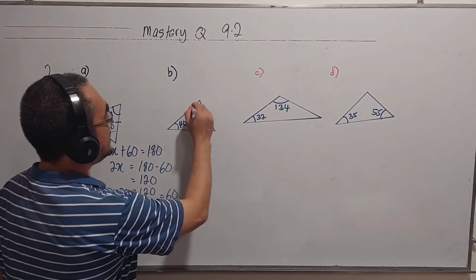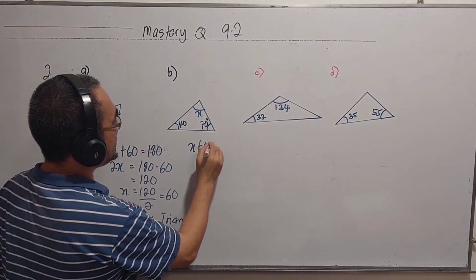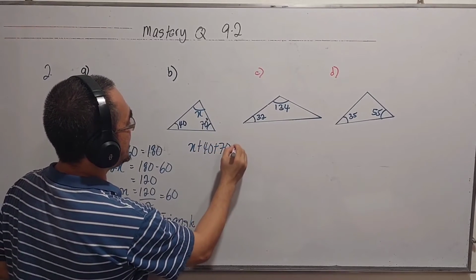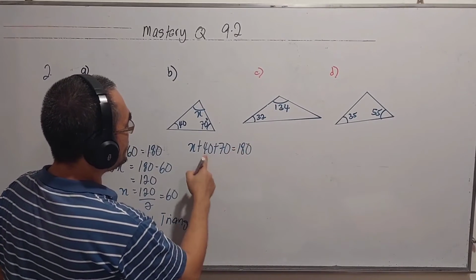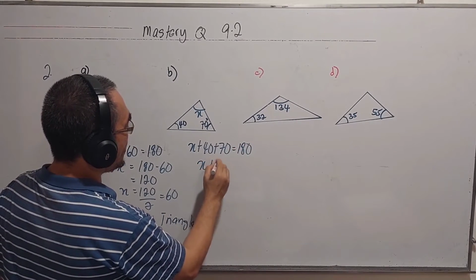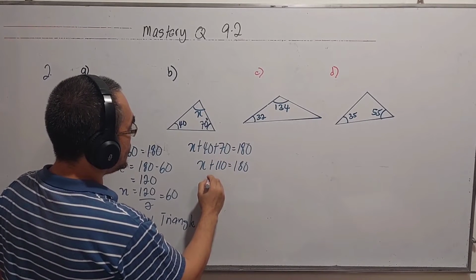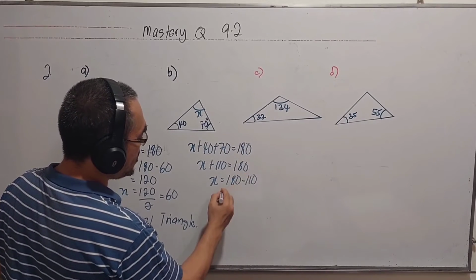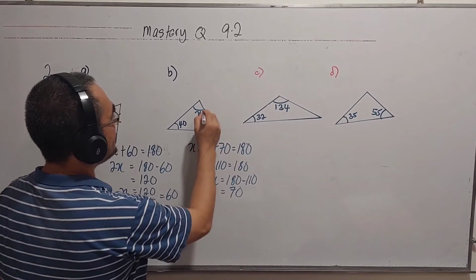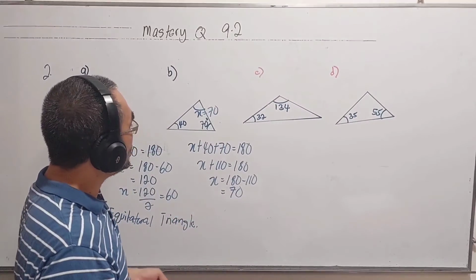And here I label as X. So X plus 40 plus 70 equals 180. Here is 110 equals 180. So X is 180 minus 110, which is 70. So we have two angles which are equal.